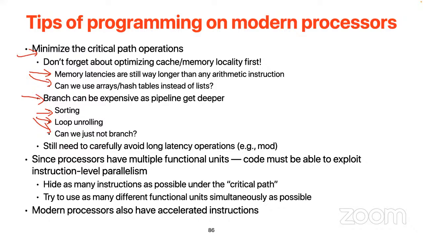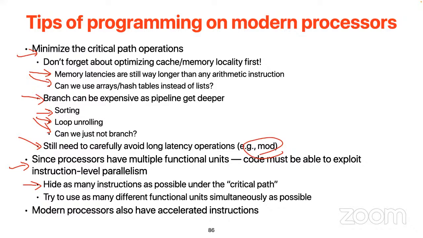And there are still cases like, okay, if I am working on instructions like mod instructions, can I replace them with something else? Also, processors typically have multiple functional units. So can I hide as many instructions as possible under the critical path, since only the critical path instructions affect the performance?